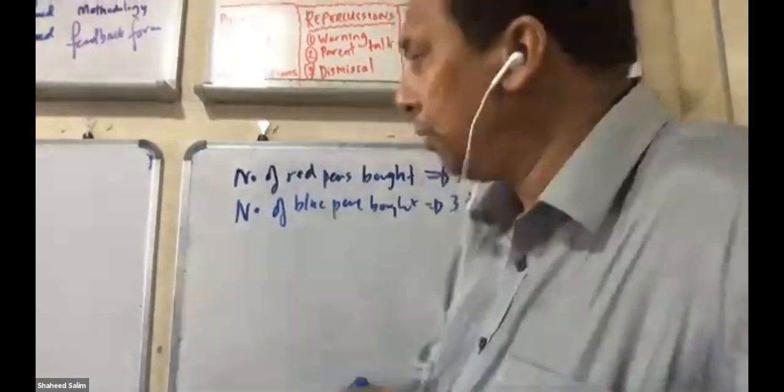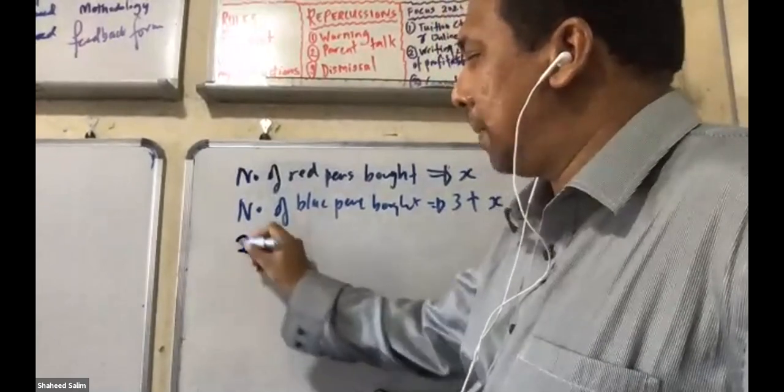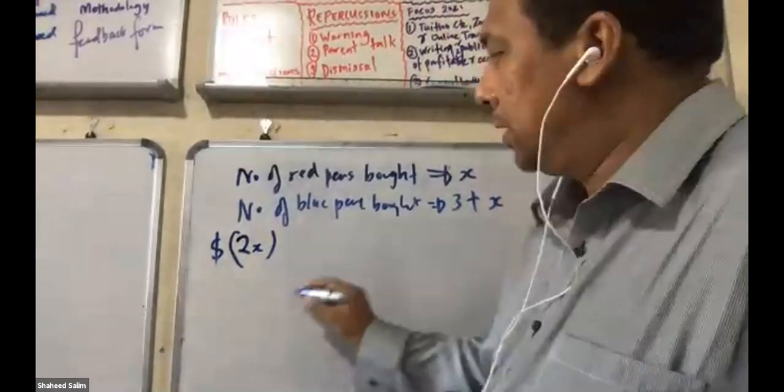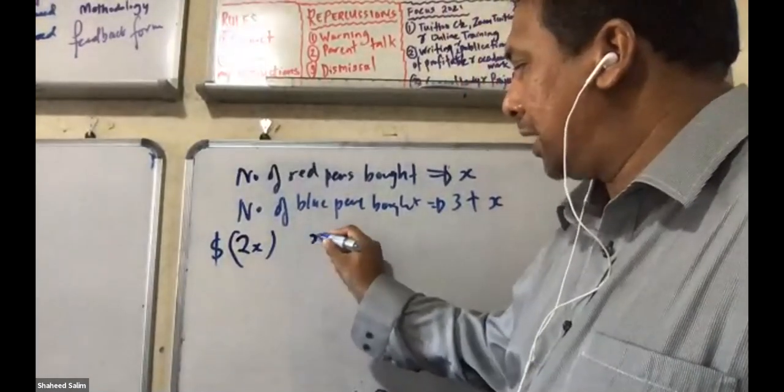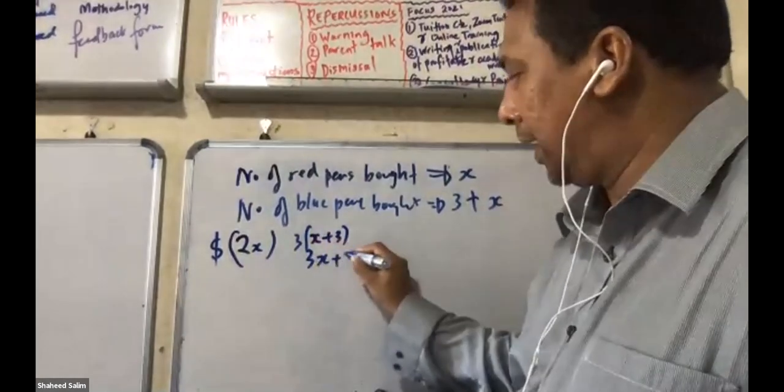Okay. Now, 2 times X is the price of the red pens. For the blue pens, just now we said X plus 3 times 3, then you get 3X plus 9.